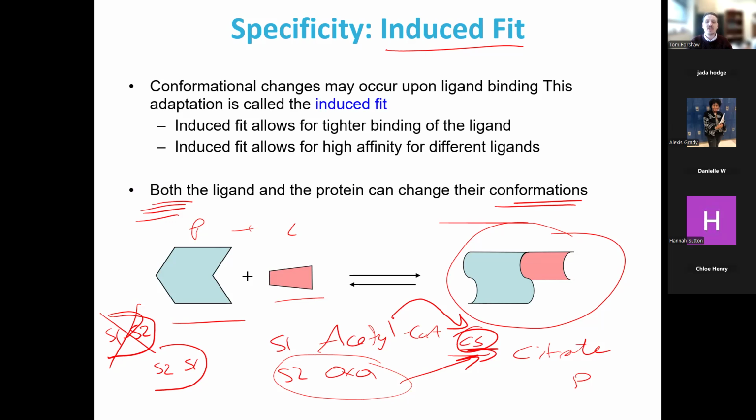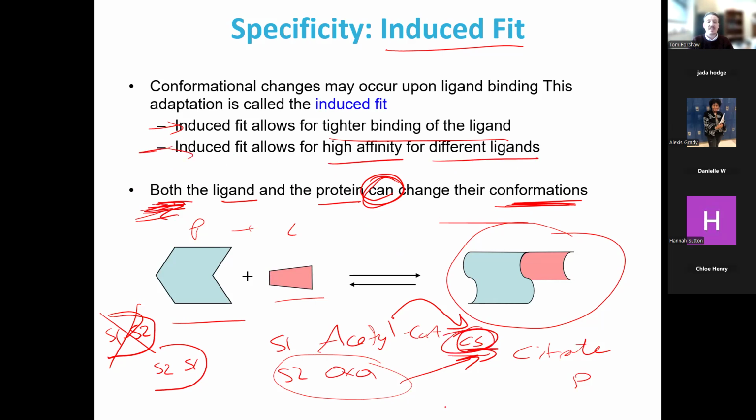But in general, the induced fit is that both the ligand and the protein can, they don't have to, but can change their conformations to better fit each other and maybe future things. So it allows for tighter binding and high affinity for different ligands.